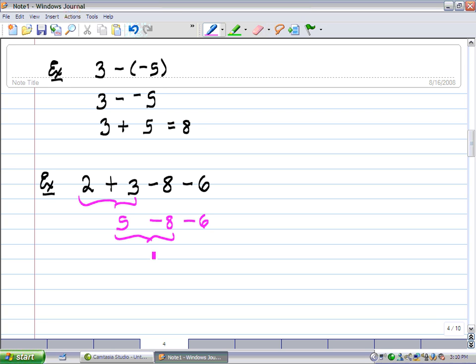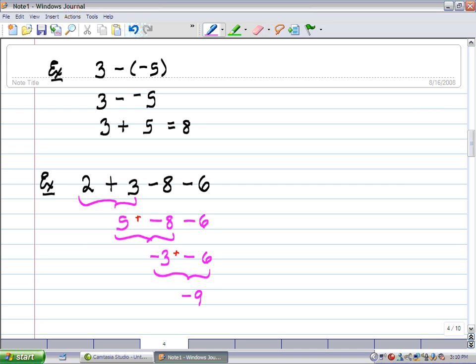It's like going up 5 and coming down 8. If you'd like, put the little plus sign in. Think of it as 5 plus a -8. So now I'm going to get -3 minus 6. And I'm going to do this part. Again, you can think of putting a little plus sign in there. Think of going down 3 and then going down 6 more. So you've gone down to -9.